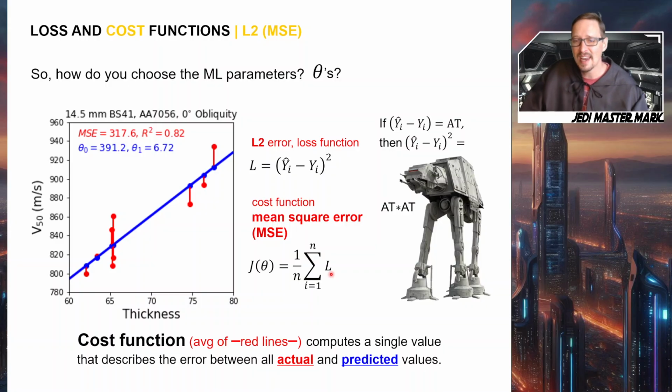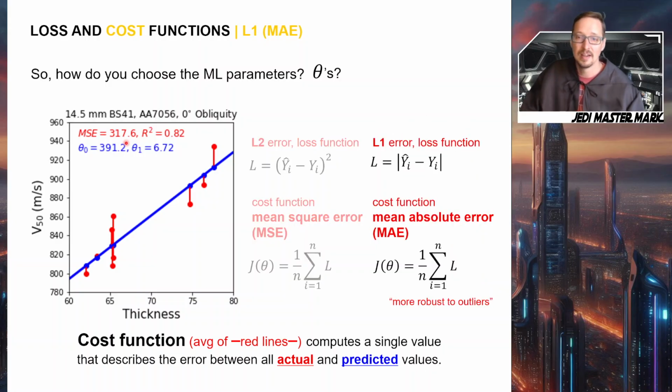So this is an average of the loss functions that you have. And now you have one value, a cost function, that can be used to measure how good your model is. So now if we go back over here, mean squared error 317, that's a metric that describes how good this particular model is.